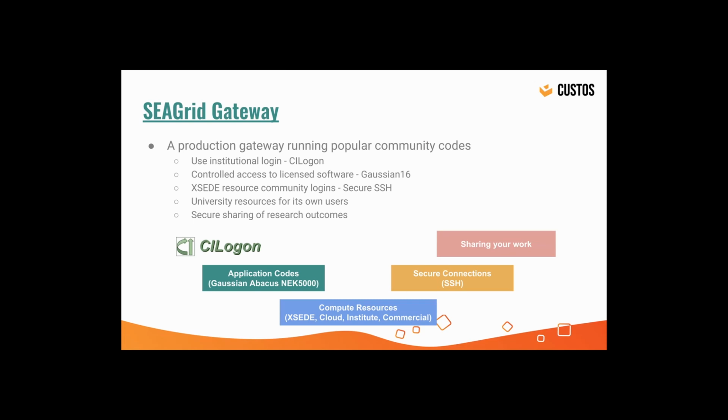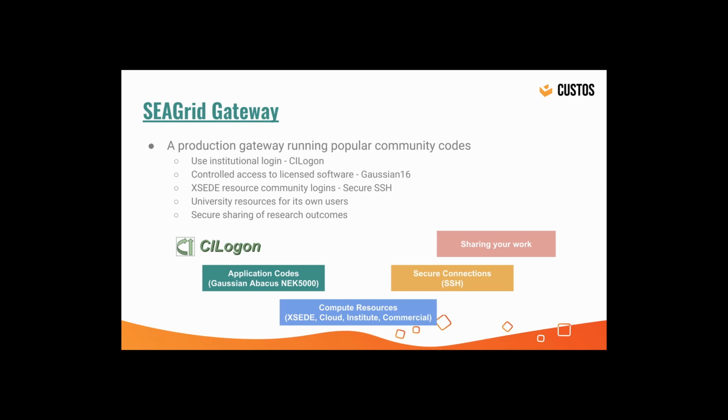So sharing your work with the right individuals or the right user groups is also important. The Secret Gateway also provides this service, again, through Custos. It enables you to share your work with your lab and your choice of other users. So such services provided through the Secret Gateway are actually enabled through Custos services.